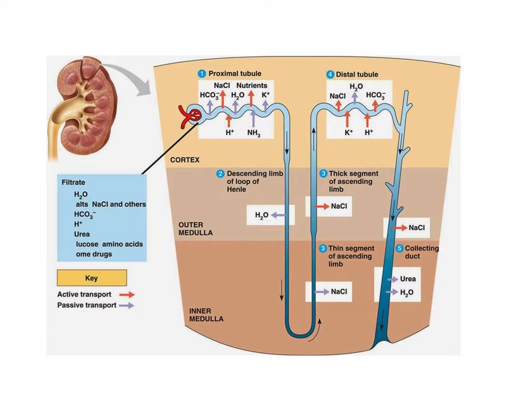It absorbs glucose, amino acids, most of the water and the sodium. In the descending loop of Henle, it absorbs only water, and in the thin ascending limb there is a sodium potassium chloride co-transporter. It moves sodium, chloride, and potassium out from the tubule.